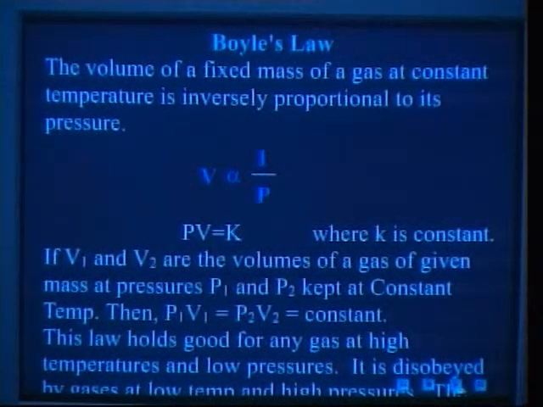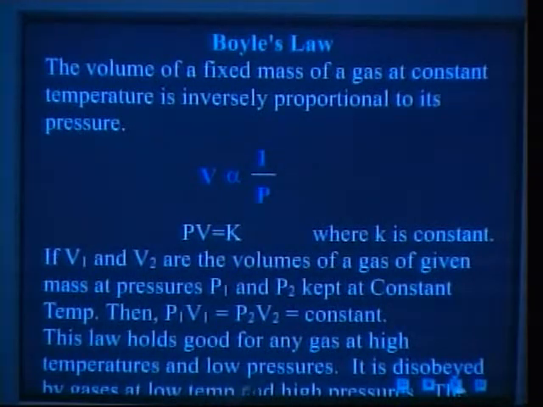V is inversely proportional to P, that is PV equals constant. If V1 and V2 are the volumes of a gas at P1 and P2 pressures for a given mass of gas M, by keeping temperature constant, then P1 V1 equals P2 V2, which is equal to constant.